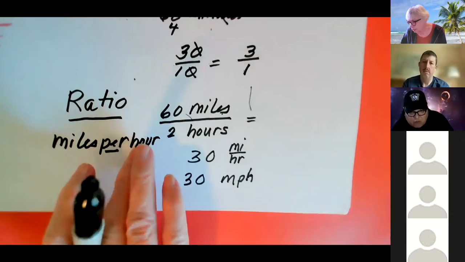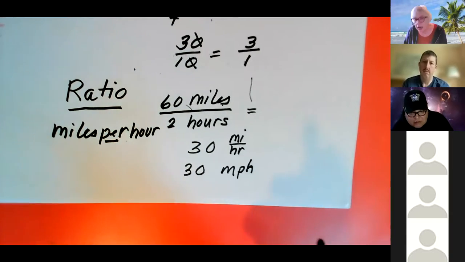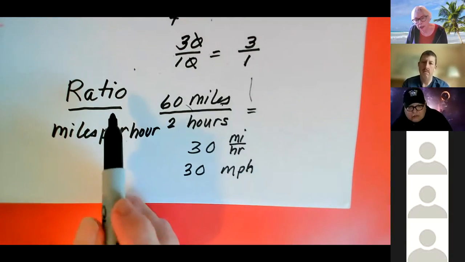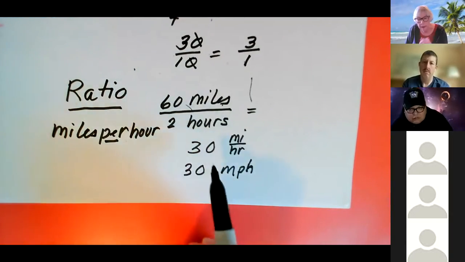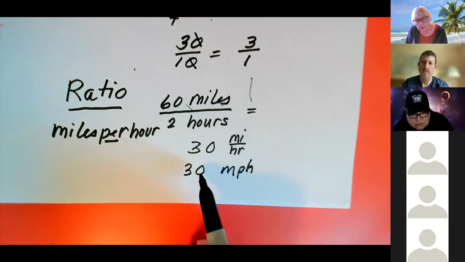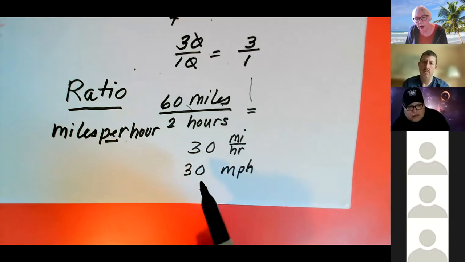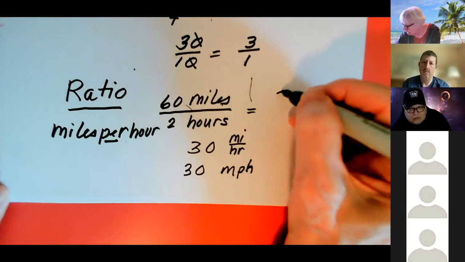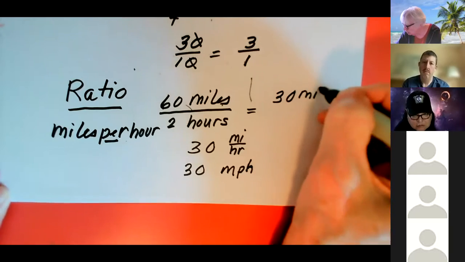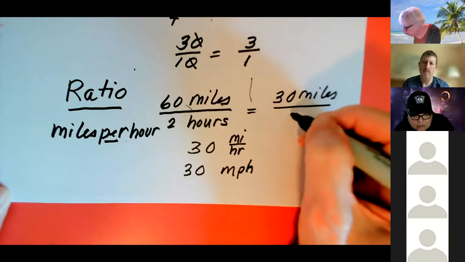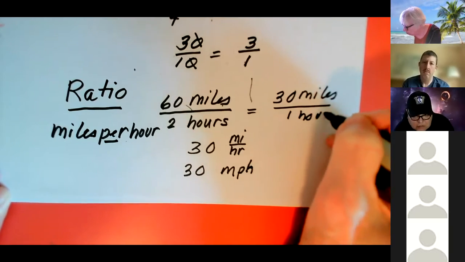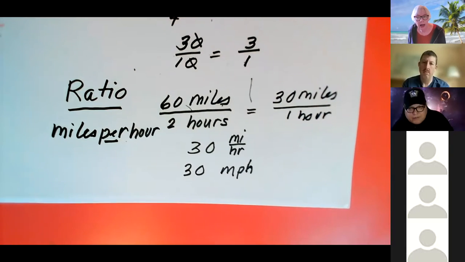Now, can you write it 30 over 1? I don't think you have to on ratio. I think you can just leave it 30. I mean, it's possible. If you wrote it like that, that would make it a fraction.